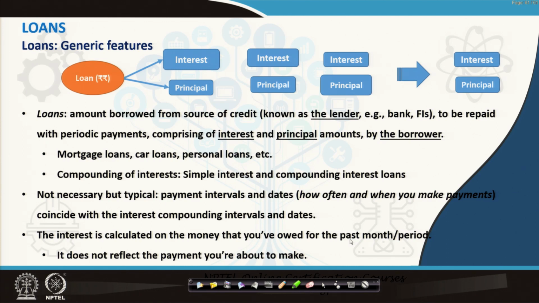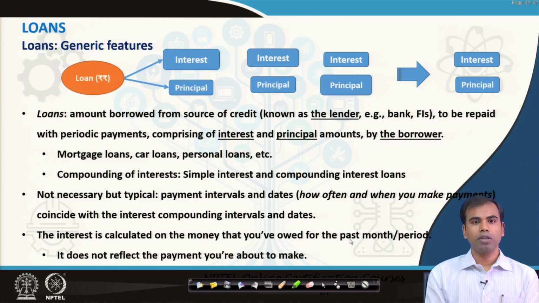For example, if we borrow money from a bank or any other financial institution today, we have to make payments periodically, monthly or annually, and each payment should include interest charges that are defined in the beginning itself, and part of the principal amount, that is, the money we have taken as loan.